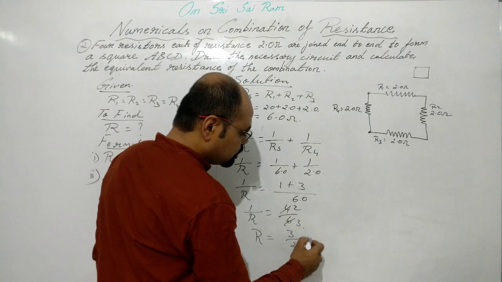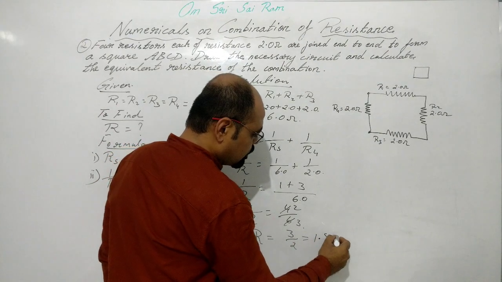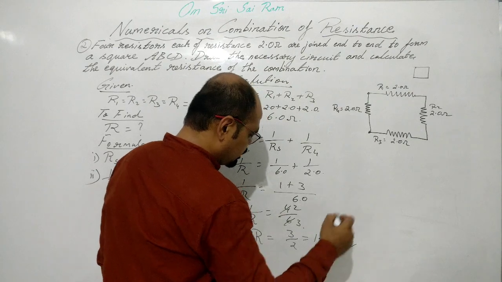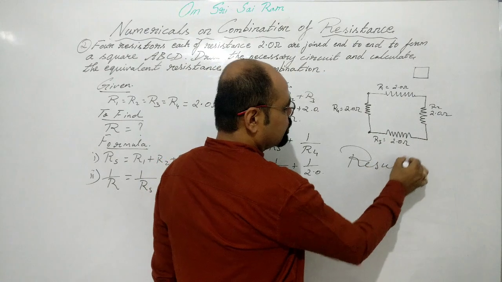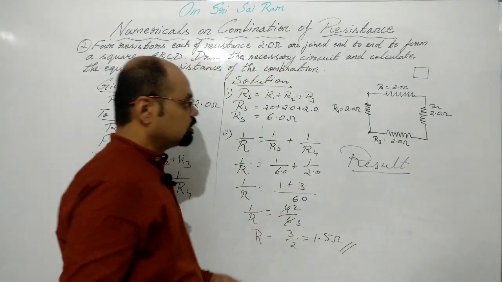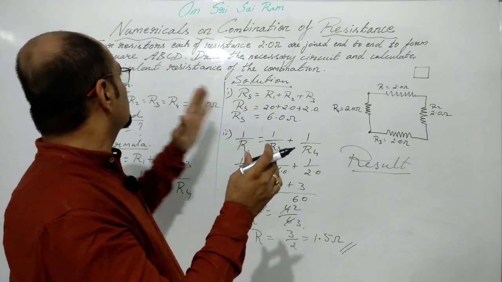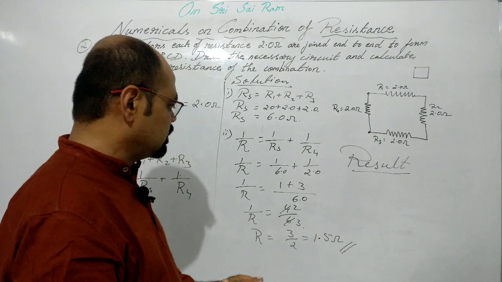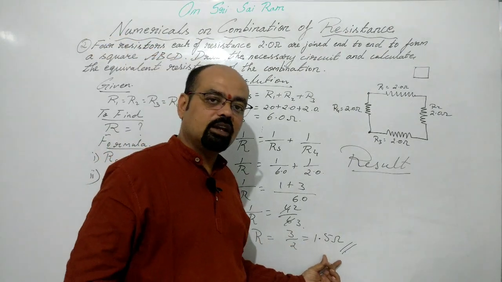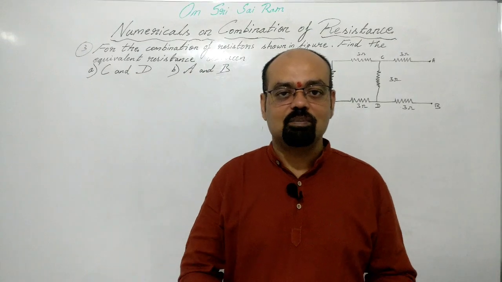Okay. So 1.5 ohms. So in the result we are going to write that the total resistance, or the equivalent resistance, of the given combination is 1.5 ohms.